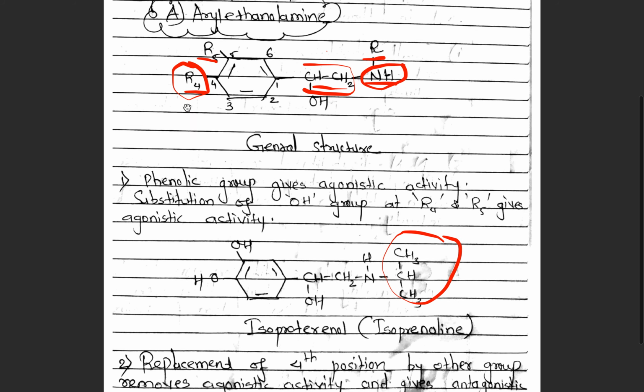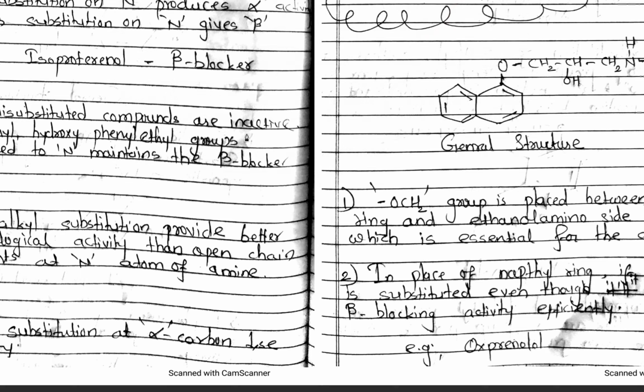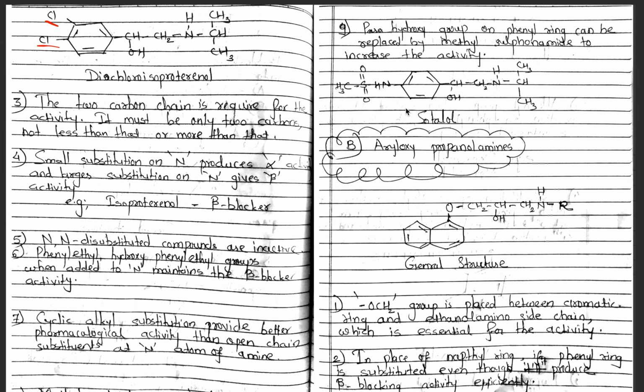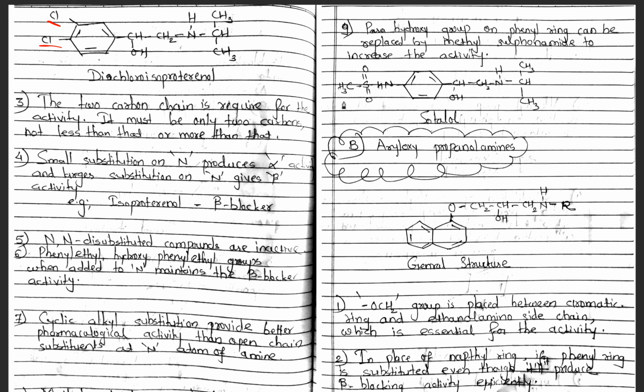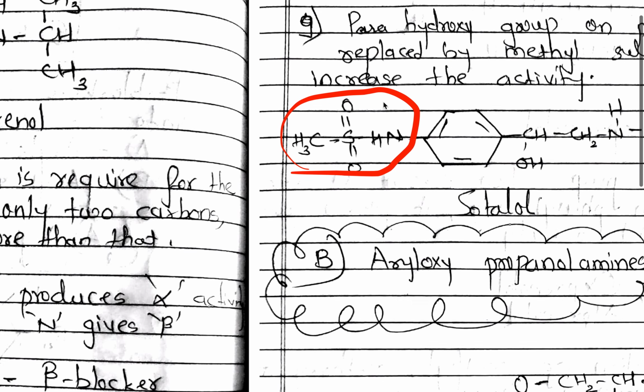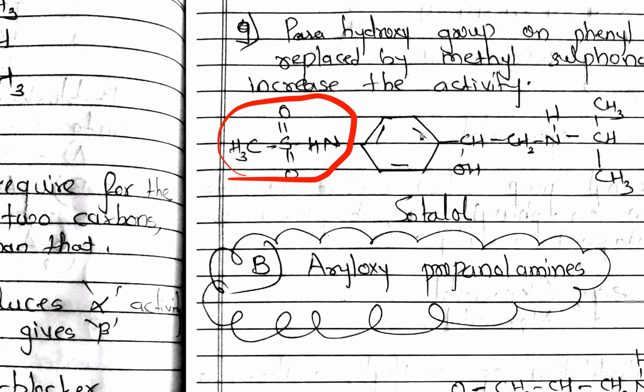I have the structure of sotalol. So here in the structure, you can see that this hydroxy group, I mean at the fourth position, is substituted by a methyl sulfonamide. Now these are related to our aryl ethanolamine. So these are the changes which are responsible for the change in the activity.